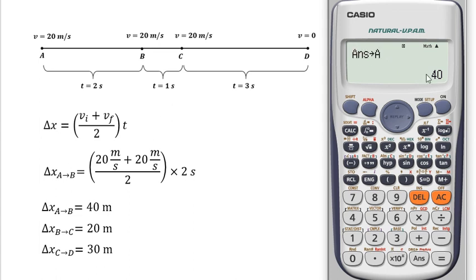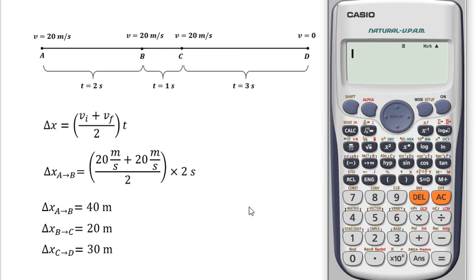So the answer, which is 40, I will store that to variable A. Click equal. Let's remove the values in the screen. Just to check if you were able to store that successfully, click alpha A. It should be equal to 40.